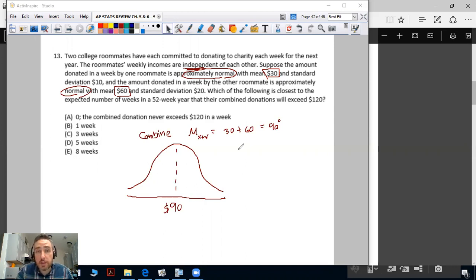Now let's talk about those standard deviations again. Remember, when we're adding those together, we want to take the square root of the sum of the squared standard deviations. So we're going to get those standard deviations, 10 and 20. We're going to square those, and we're going to square root. What do you get when you do that?